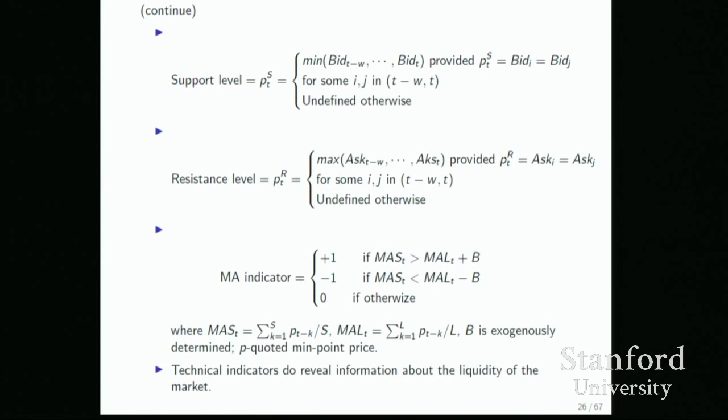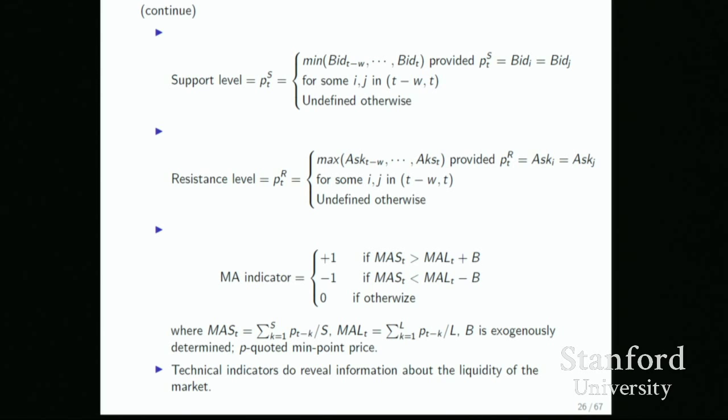So you need to decide at some point when to enter and when to leave. Pretty similar to what we did before, one is called support level, which is the minimum bid, and the resistance level is the maximum ask. Essentially, they are looking at the best bid and best ask and how rapidly they are changing.